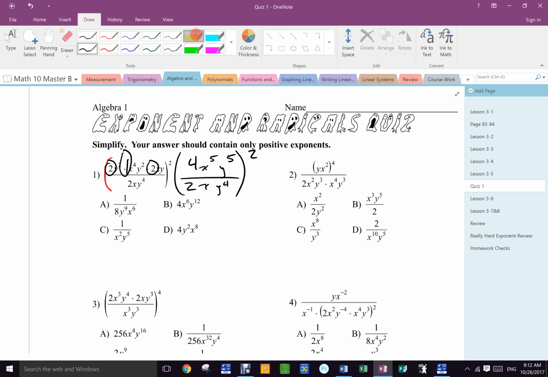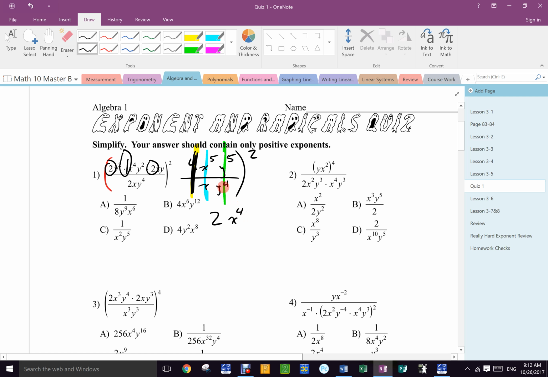Now, can I do stuff still in the brackets up and down? Can I? What's 4 divided by 2? 2. So I'm going to have 2. That takes care of these guys. What do I do right here? Yep, so what's 5? 5 minus 1 is X to the 4th, yes?